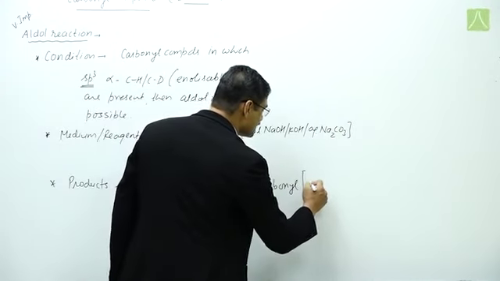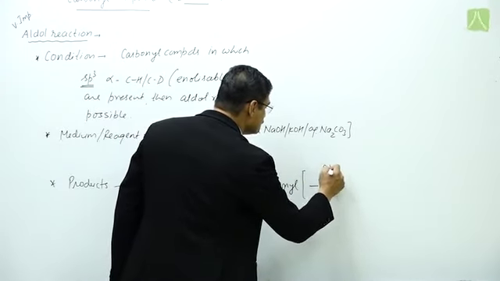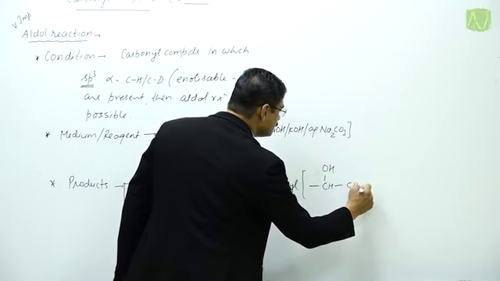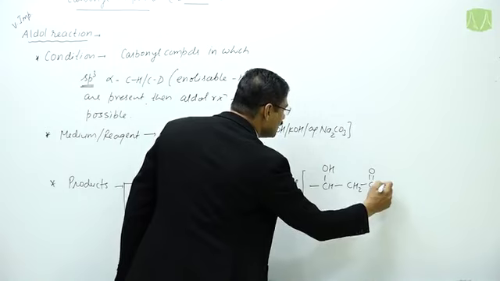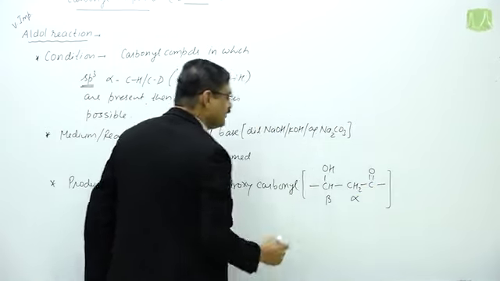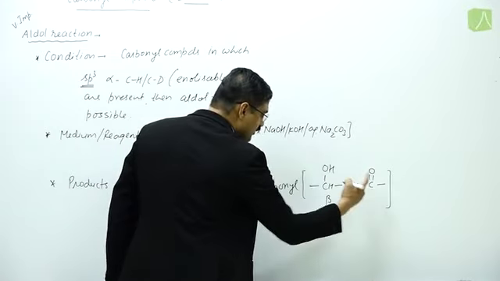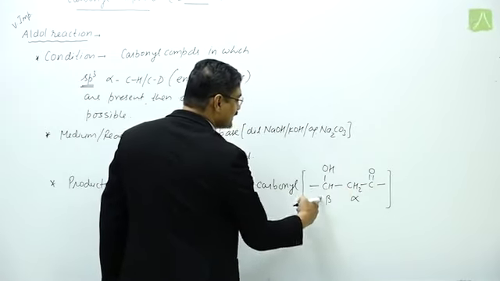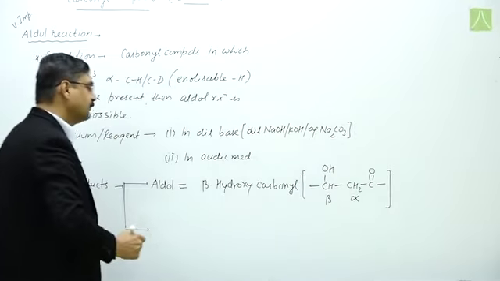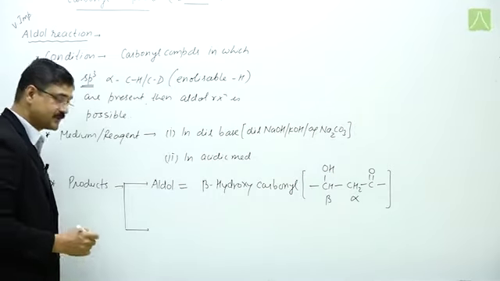It is represented like this. With respect to aldehyde or ketone, the first carbon is alpha and the second carbon is beta. So the beta hydroxy carbonyl compound is the product and it is known as aldol product.